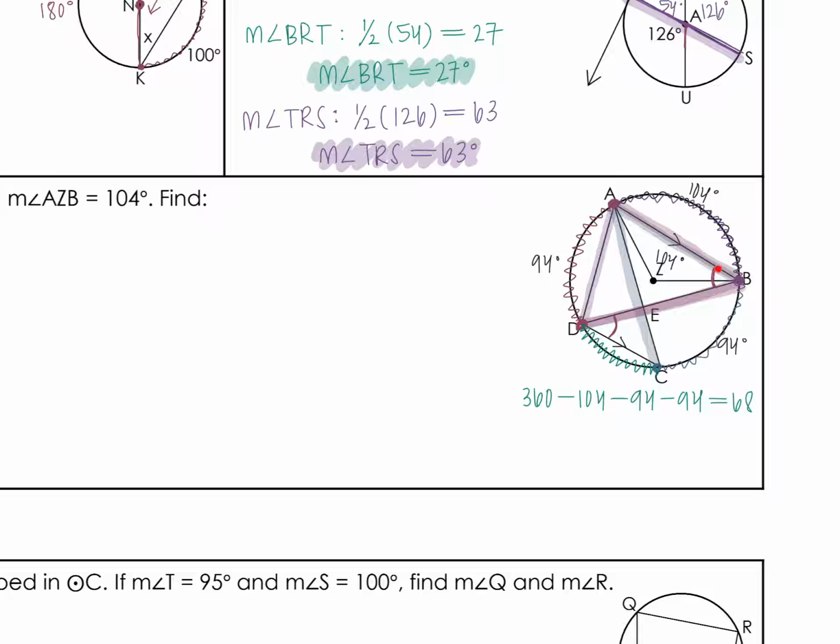And same over here, we're going to have half of that 94 for this intercepted arc. So this angle is going to be 47 degrees that we found earlier, and same with this one. I'm going to find this angle by using the triangle and subtracting those two angles from 180, and you should be left with 86 degrees.